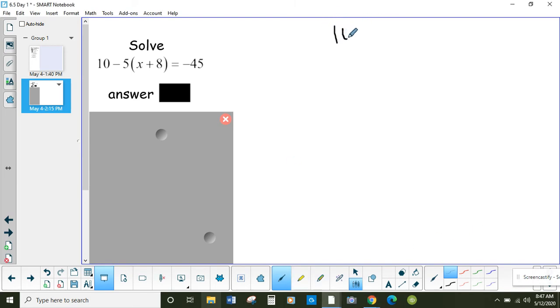So I'm going to go ahead and copy my equation down. I'm going to go 10 minus 5, parentheses x plus 8. And I'm going to do the rule for subtraction wherever there's subtraction. Not if I see a negative number, like on the right side, that -45. I don't need to do rule for subtraction there.